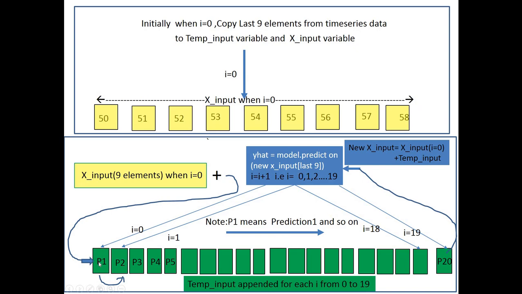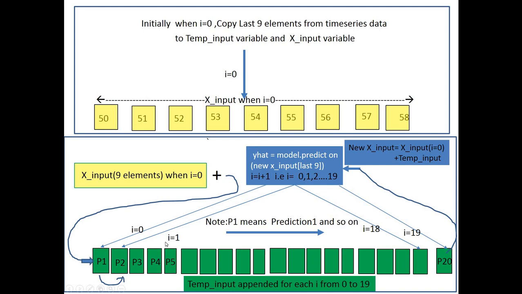After that, you are adding to x_input, that means whatever was there, you appended one more value, prediction 1. Then it will predict again when i is equal to 1, that is P2. Again it will predict P3, again P4. So it will go on predicting 20 times.